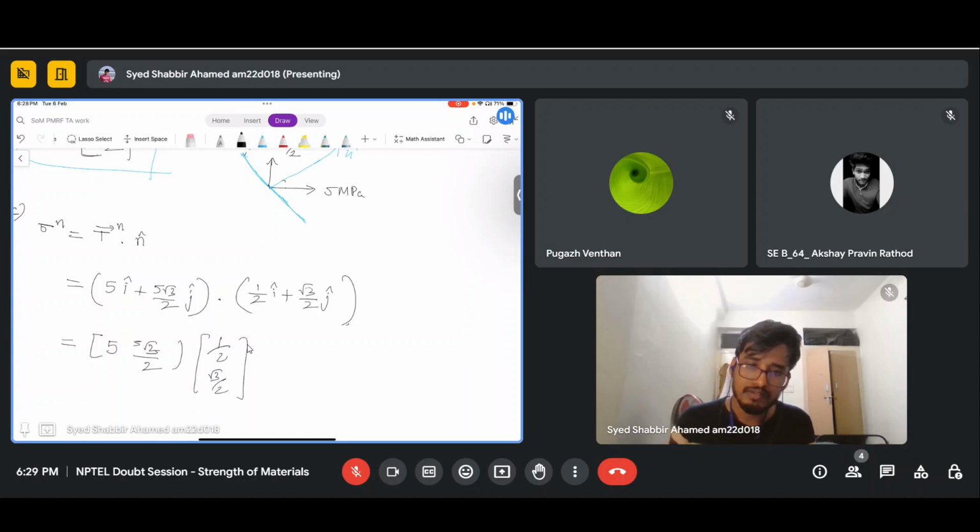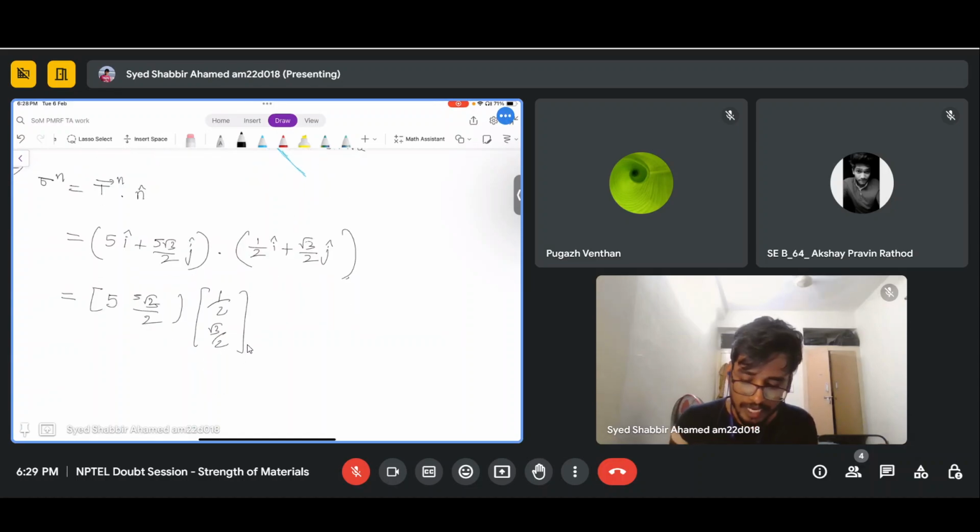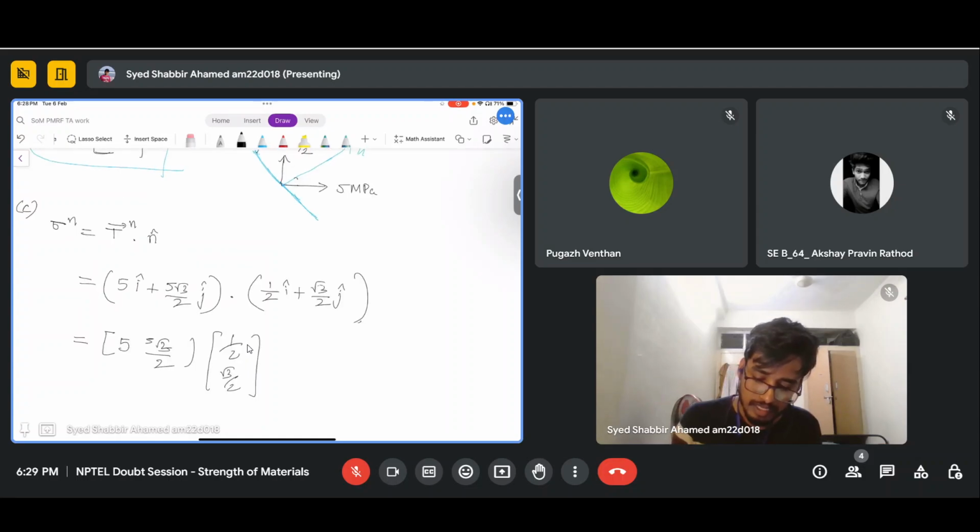So if you multiply these two matrices, this dot product can be written as T transpose into N. So in matrix form, it can be written like this.